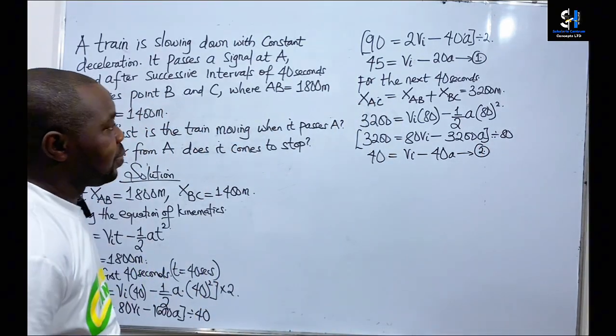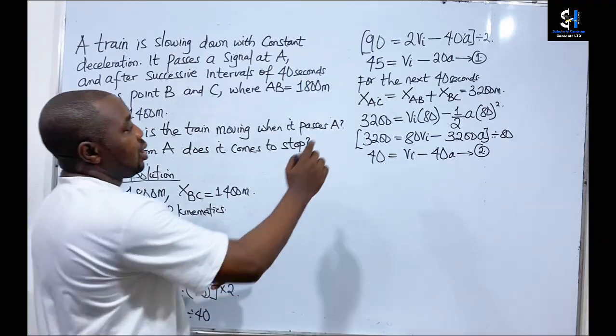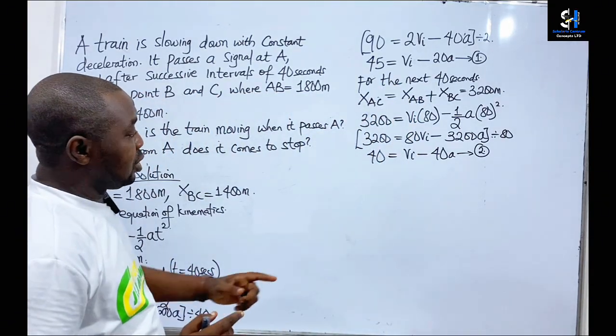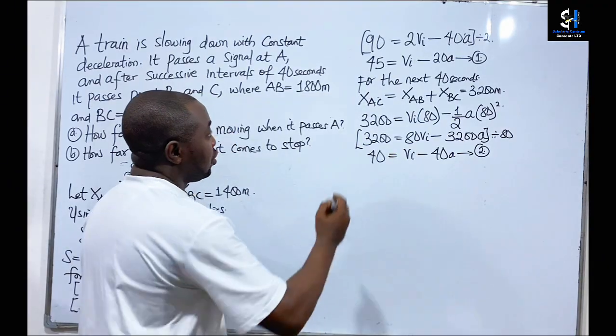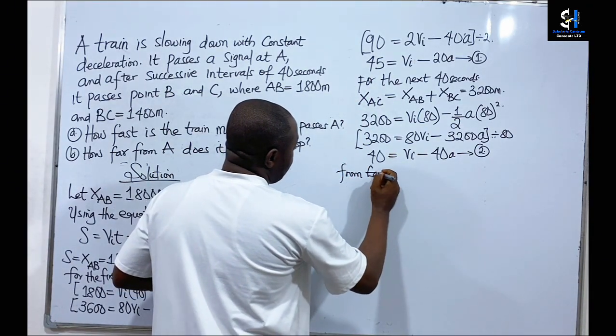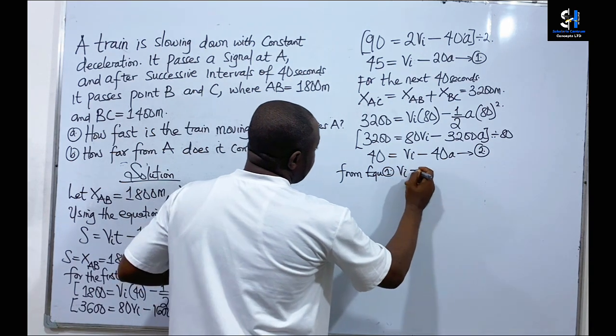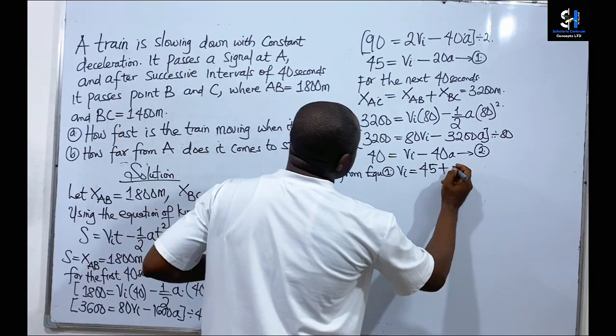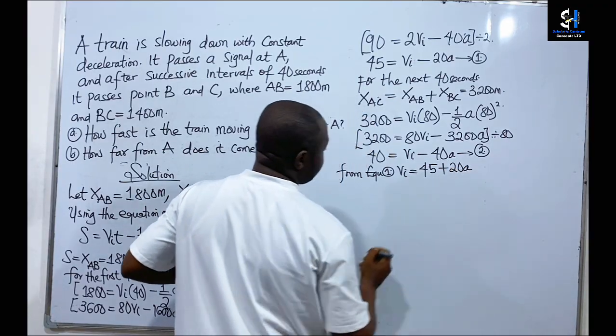Now, what I'll do is make VI the subject of the formula from equation 1, and I'll do the same with equation 2. From equation 1, the initial velocity will be 45 plus 20A.